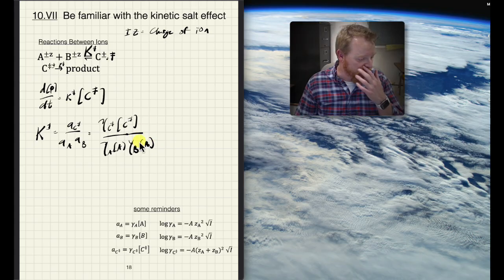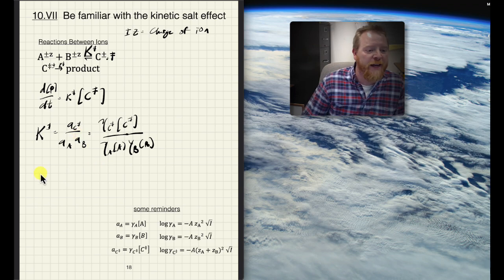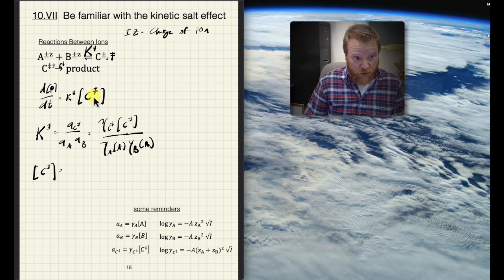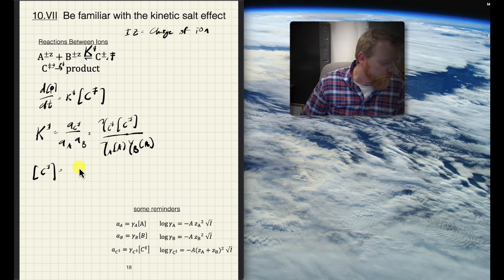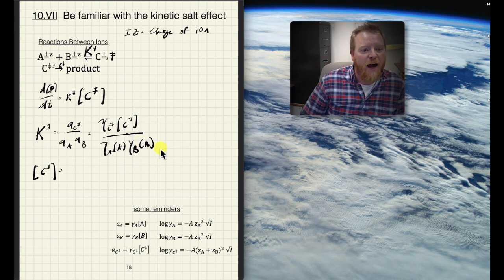And we can do some arrangement here to find a suitable expression for the concentration of C so that we can put it in this dP by dt rate law. So now just doing some algebra and writing this directly, I'm going to collect all of the concentrations. Let's see, sorry, I'm rearranging this so this equals big K. All right.